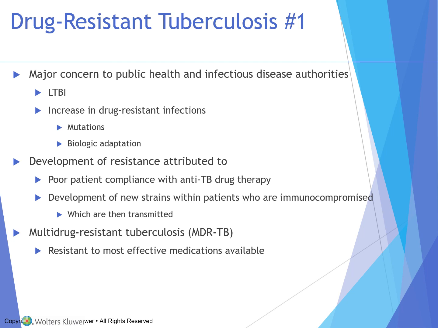And other factors could be poor patient compliance. We have discussed this before, that many times when we're not compliant with a medication therapy, then our body, or mainly those bacteria, start developing resistance. Also, we have the development of new strains within patients who are immunocompromised.